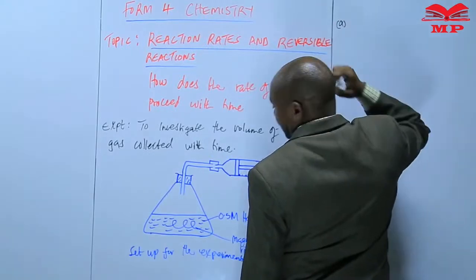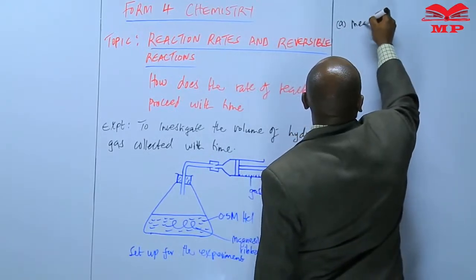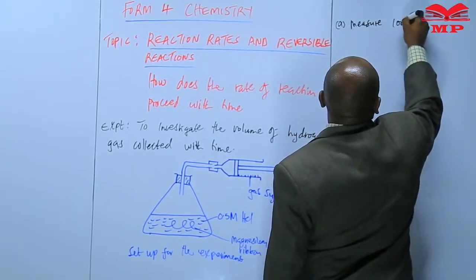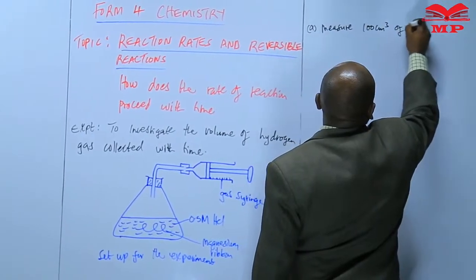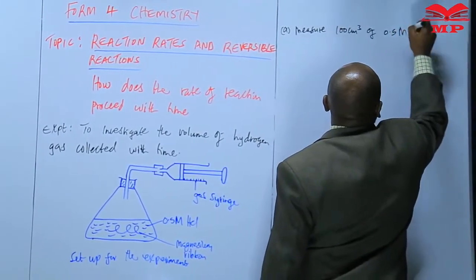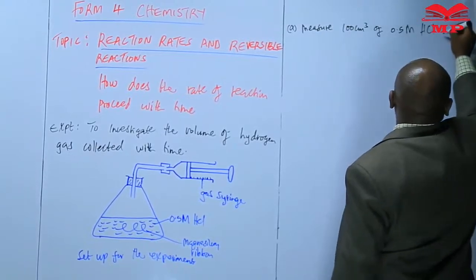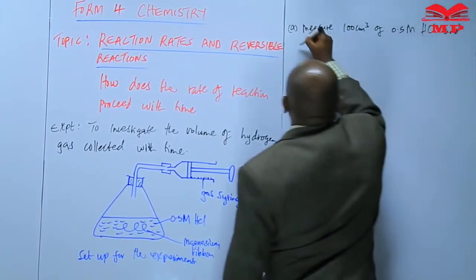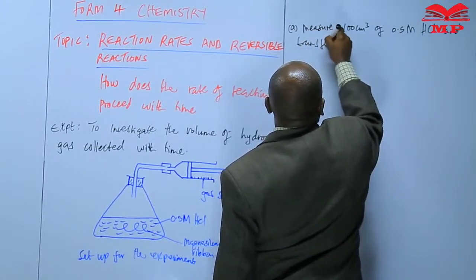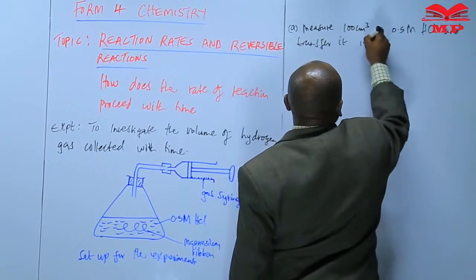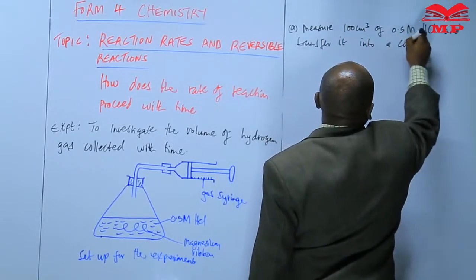So the procedure: we measure 100 cubic centimeters of 0.5 molar HCl, hydrochloric acid, and transfer it into a conical flask.